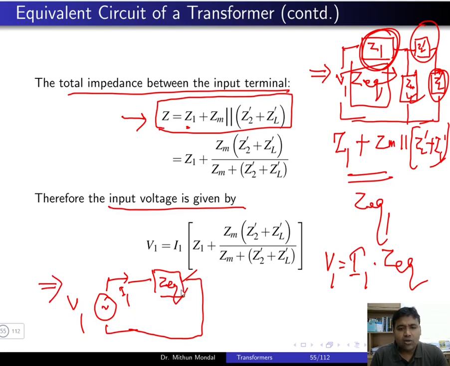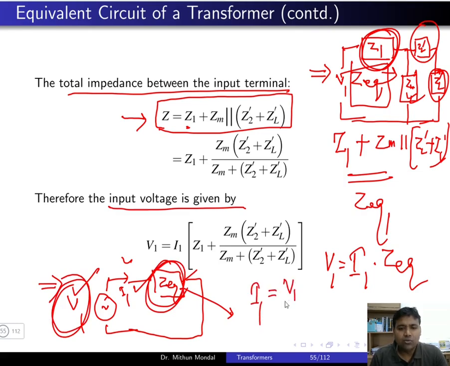You can obtain this knowing all the parameters. Then you can establish a relationship between voltage V1 and the current I1. If V1 is given to you and you find Z equivalent, you can easily find the current drawn by the primary side of the transformer, that is V1 by Z equivalent. So V1 by Z equivalent is the total current drawn by the primary side of the transformer.